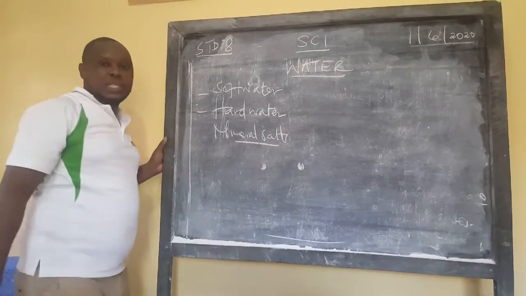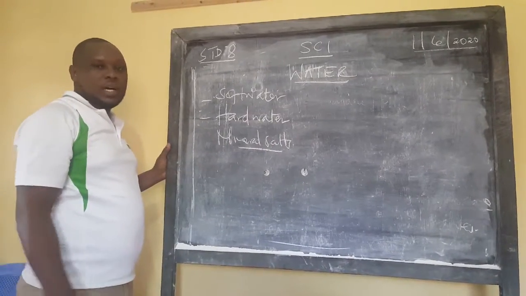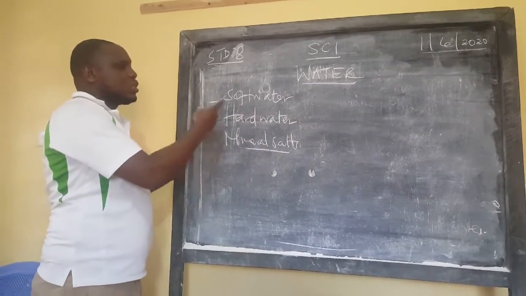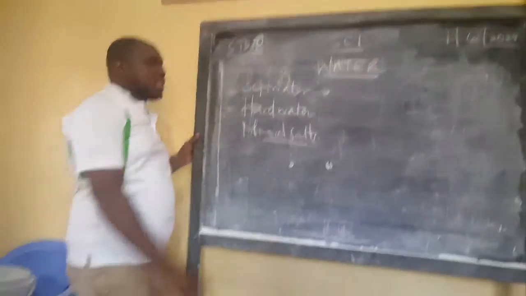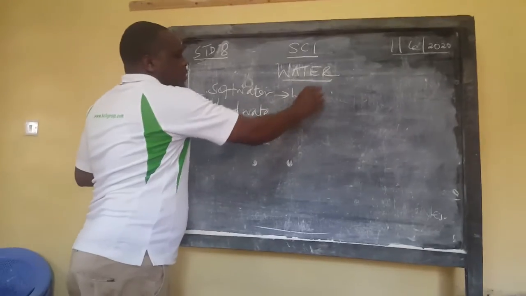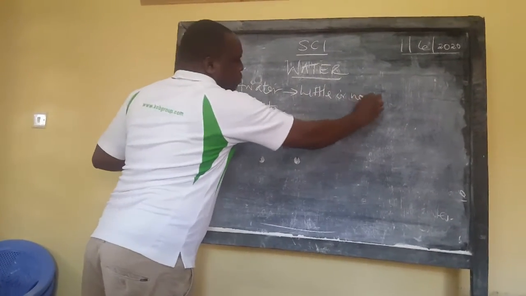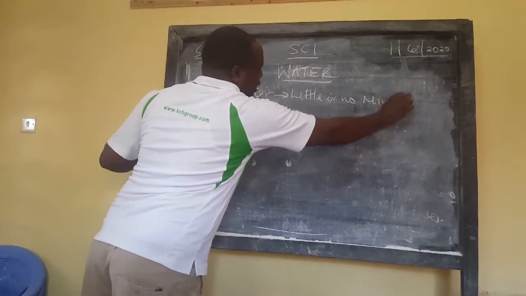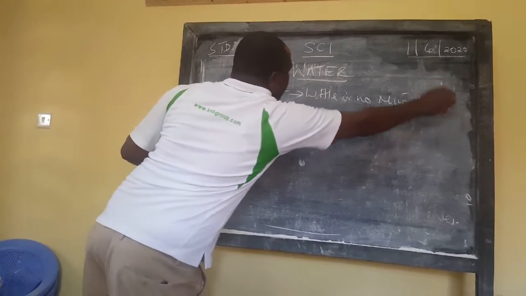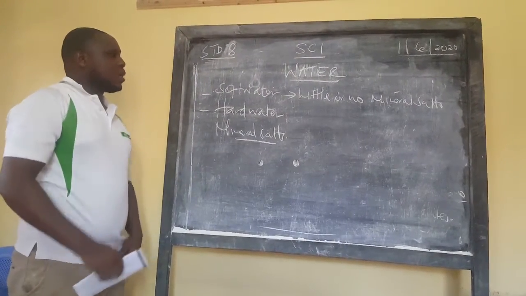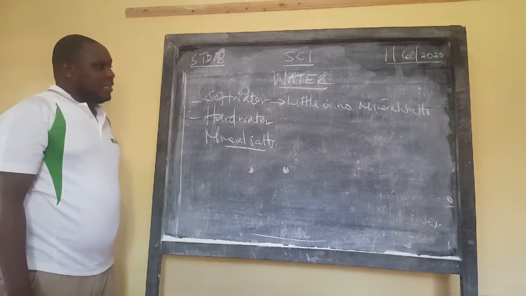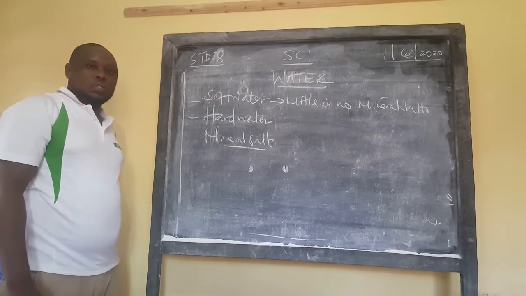The presence or absence of these mineral salts in water is what makes it either soft or hard. So this soft water is water that has very little or no mineral salts. I've just said the absence or presence of it is what makes water soft or hard. So in this case, this one is soft water, having little or no mineral salts.